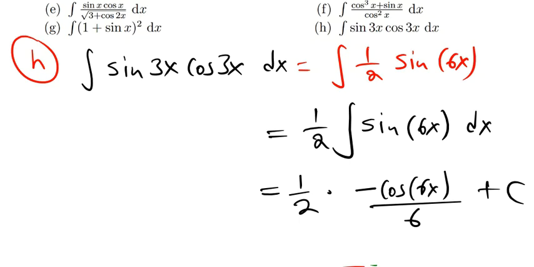Okay, now this becomes negative 1 over 12 cosine of 6x plus constant c. Yeah, that's it to h, and we're done with the entire question 4. Let's move to question 5.